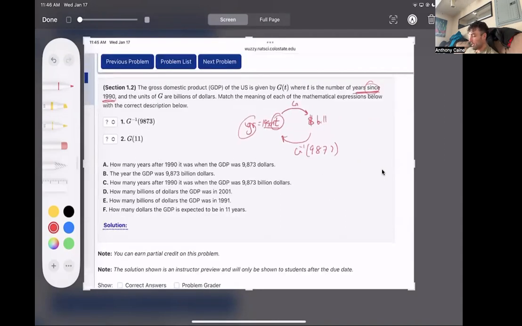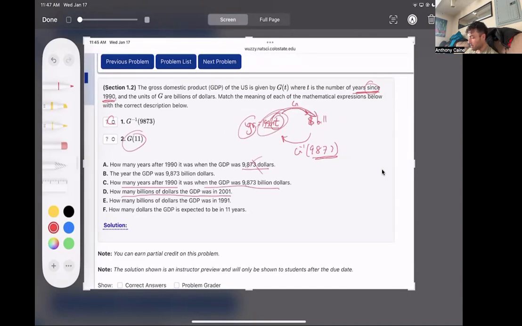Okay, so G inverse will tell me how many years since 1990 when the GDP was this many billions. So not that one, that doesn't have billions. That has billions. So how many years after 1990 it was when this, yes, C. It looks like the answer is C. Now G of 11, on the other hand, is how many billions of dollars it was in 2001, because if you add 11 to 1990 you get 2001, and so that'll tell me how many billions of dollars expected to be in 11 years.